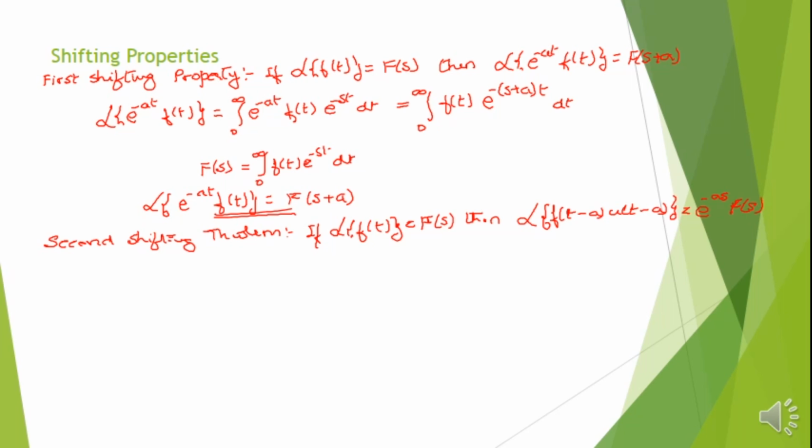So Laplace transform of f of t minus a u of t minus a equal to e to the power minus as F of s.